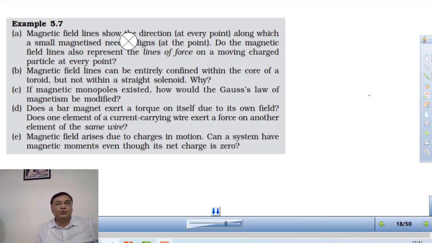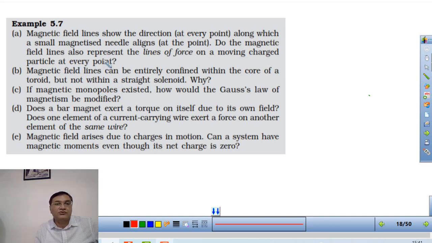Magnetic field lines show the direction along which a small magnetic needle aligns. It is true. Do the magnetic field lines also represent a line of force on a moving charged particle at every point? Suppose this is a magnet and these are the magnetic field lines, north and south.